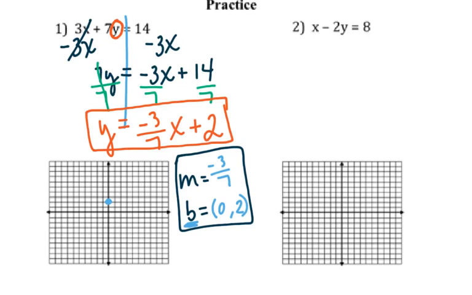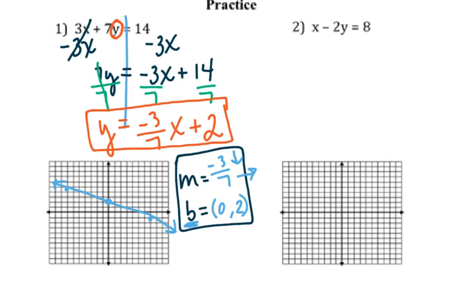That's called the y-intercept. I move down 3 and right 7. 1, 2, 3. 1, 2, 3, 4, 5, 6, 7. Same thing other direction. 1, 2, 3. 1, 2, 3, 4, 5, 6, 7. So I graph the line from slope-intercept form.